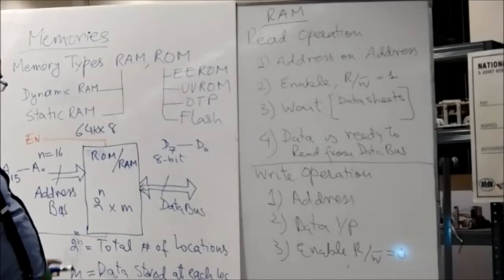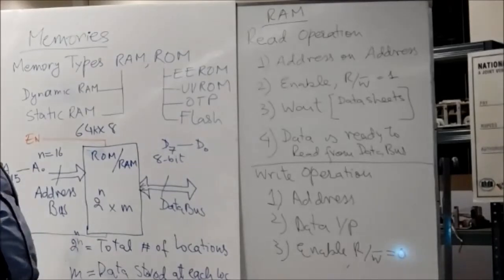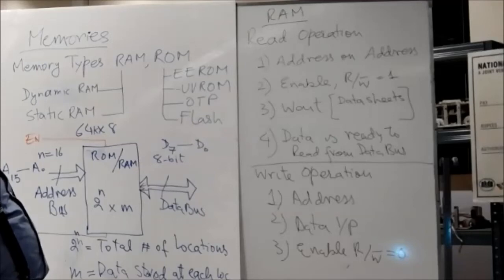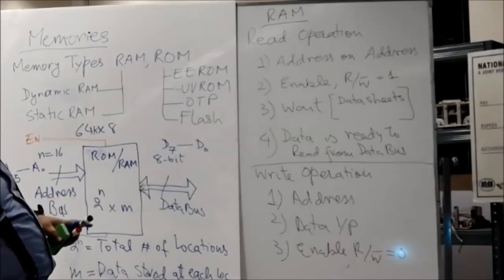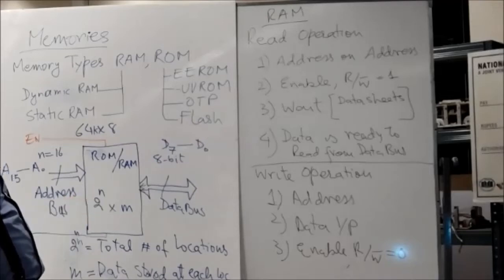Total number of locations is 2 raised to the power of the address bus. So using this concept, you give data, and this is the sequence of operation that you need to do when you want to use RAM or ROM, RAM, sorry.